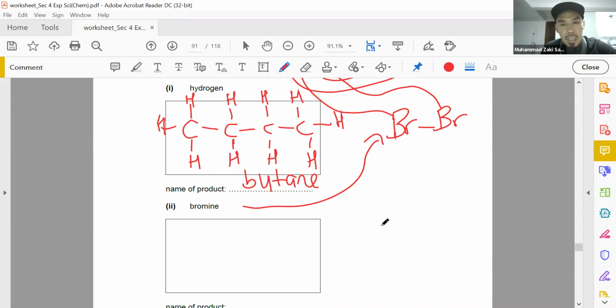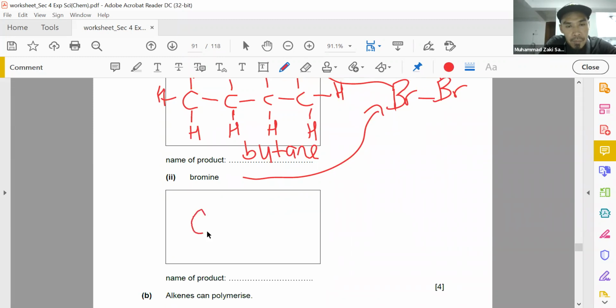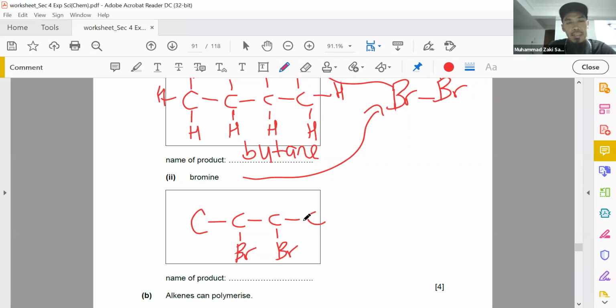So as a result, remember between these two carbons there was a carbon-carbon double bond. Now there's no carbon-carbon double bond, only bromine. So the bromine will be here, and the rest you just copy the original hydrogens from there.